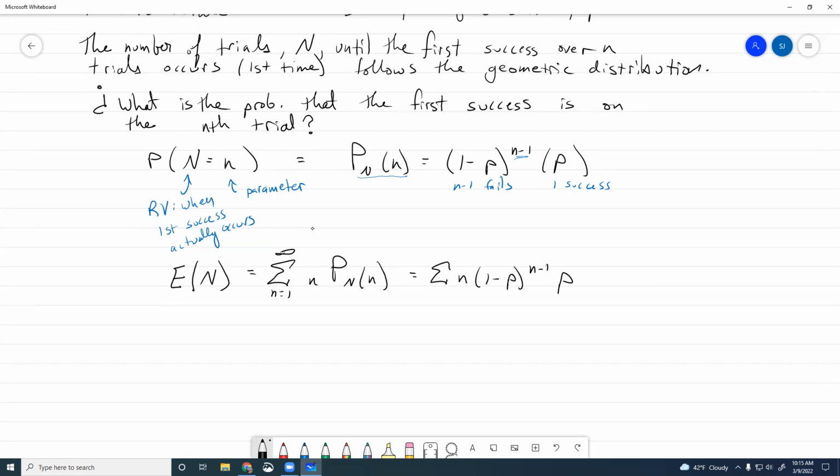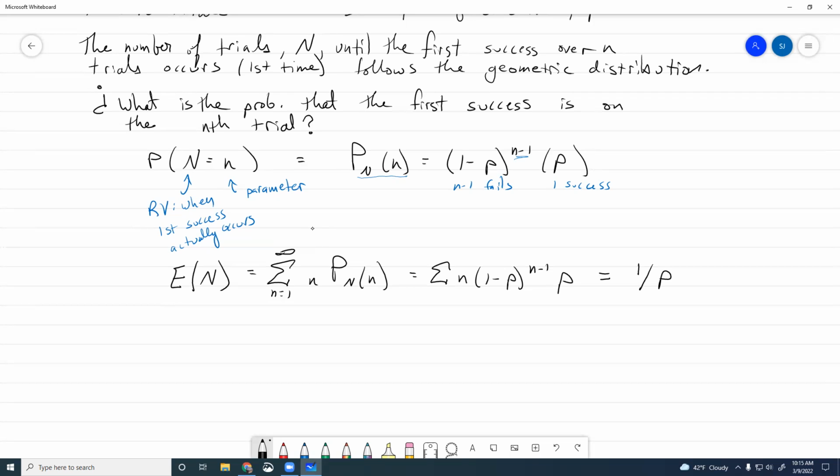Now, if you do this, you get something that's actually pretty simple, because you're saying n times (1 minus p) to the n minus 1 times p, and doing it for all the values, you end up with 1 over p.